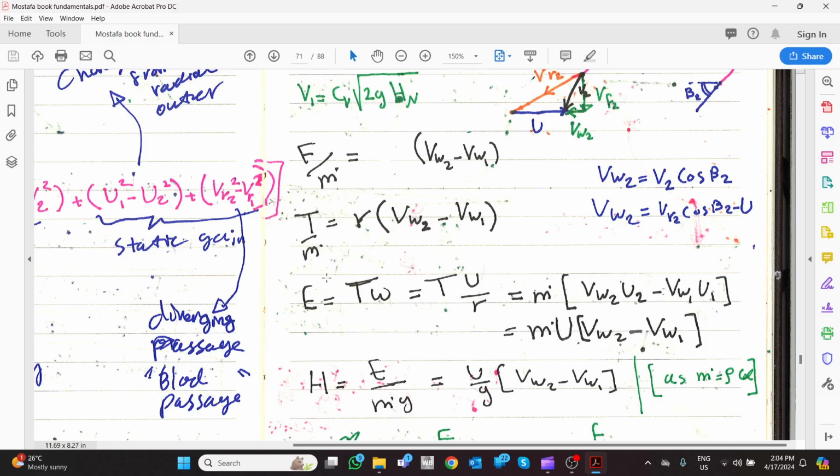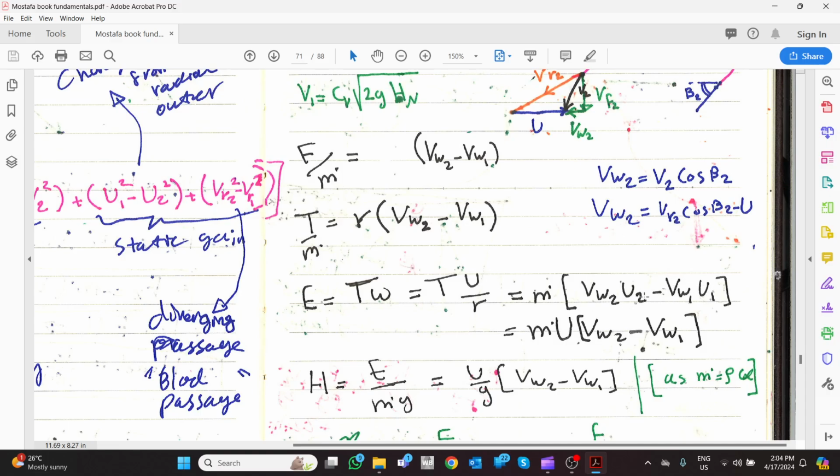So we can write that the power is equal to m dot times whirling velocity 2 multiplied by u2, minus whirling velocity 1 multiplied by u1, because here is r and the omega, so r by r, remaining only u.